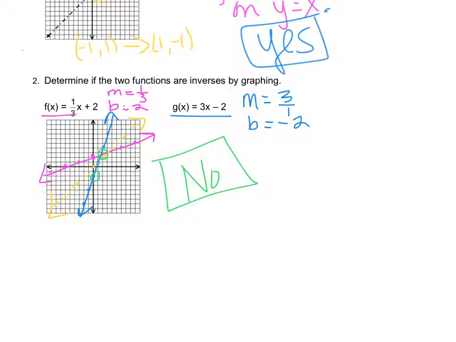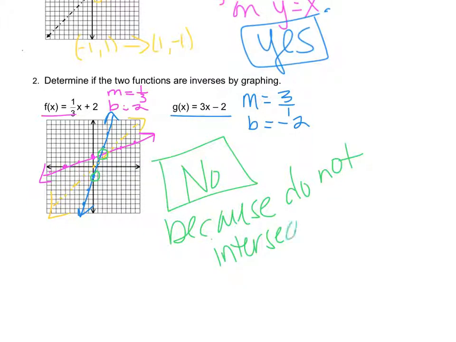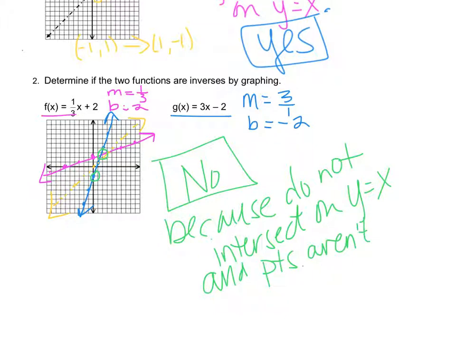Okay, I'm just going to explain here. Because they do not intersect on y equals x, and points aren't flipped.